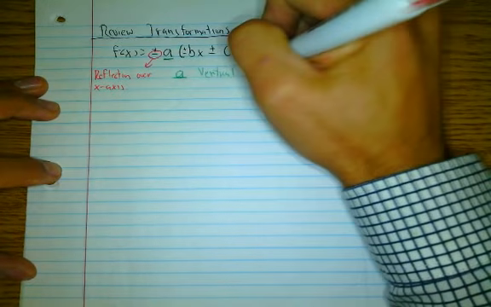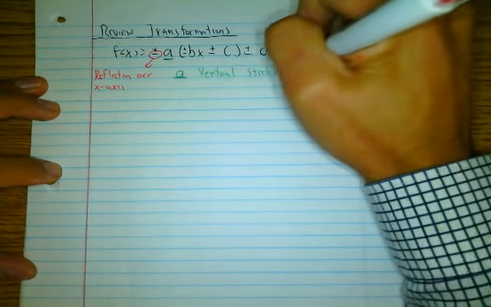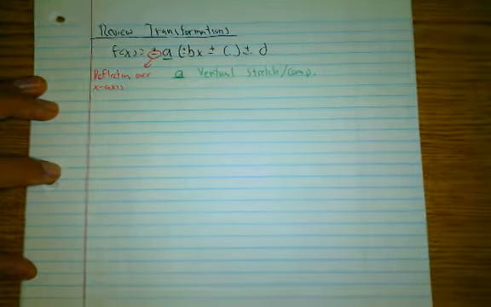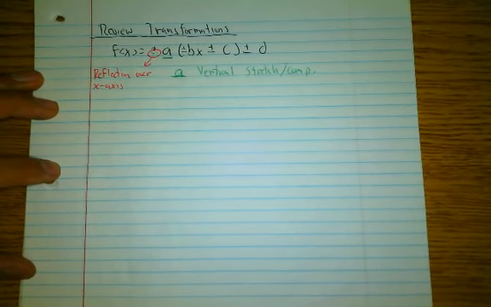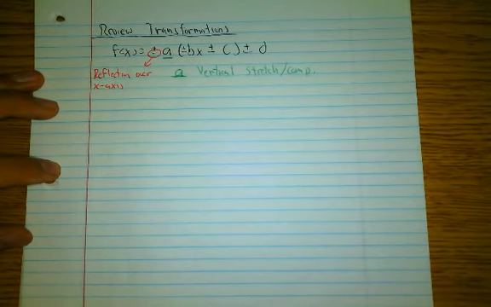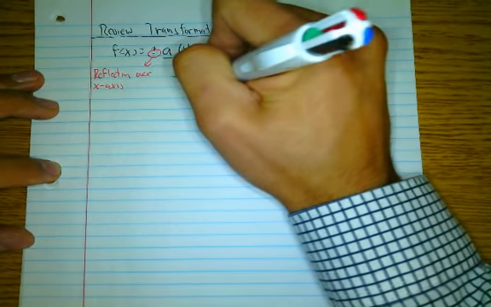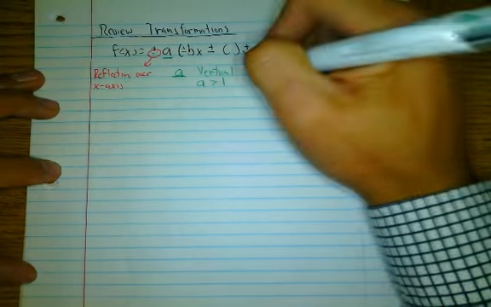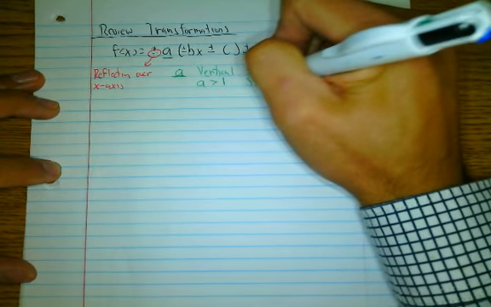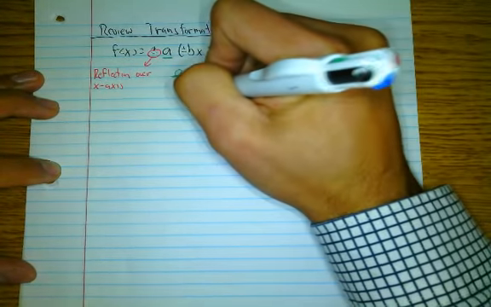Do you recall how to tell one versus the other? So how could you tell that something's a compression versus a stretch vertically? If A is greater than 1, it's a stretch. And if A is less than 1 but greater than 0, it is a compression.